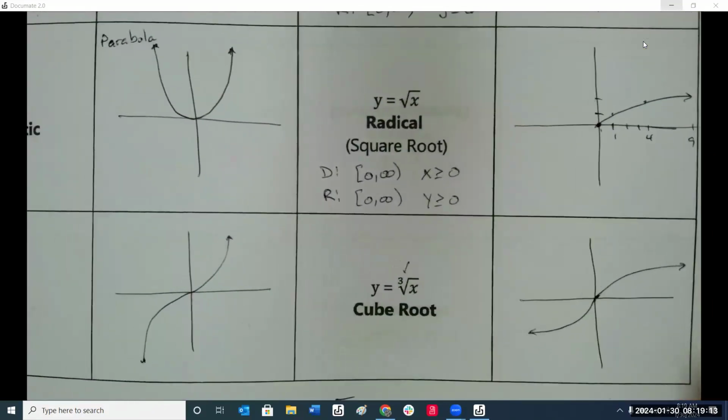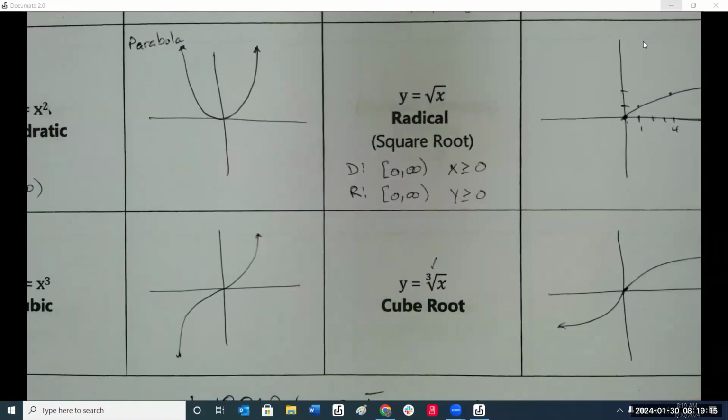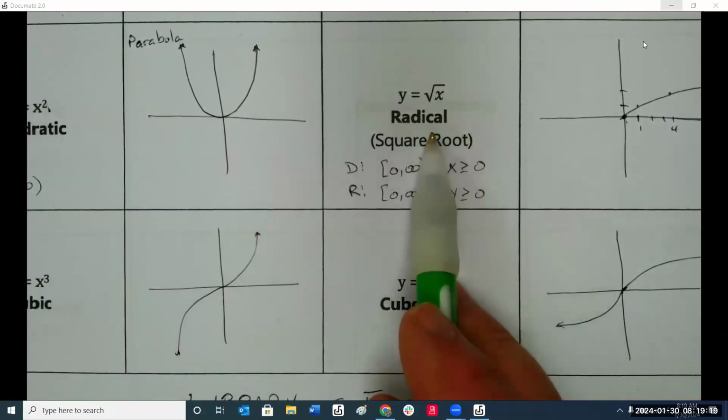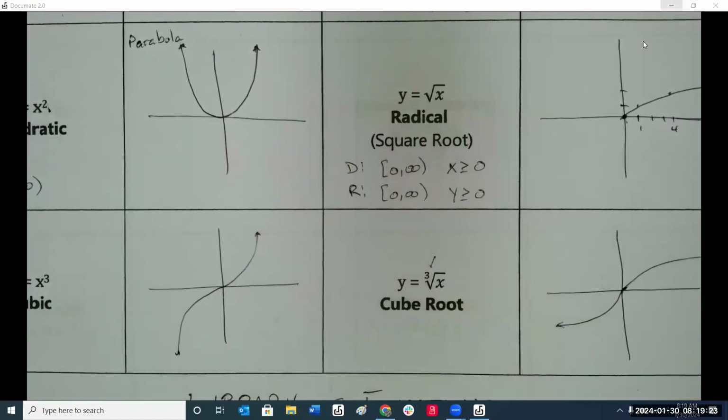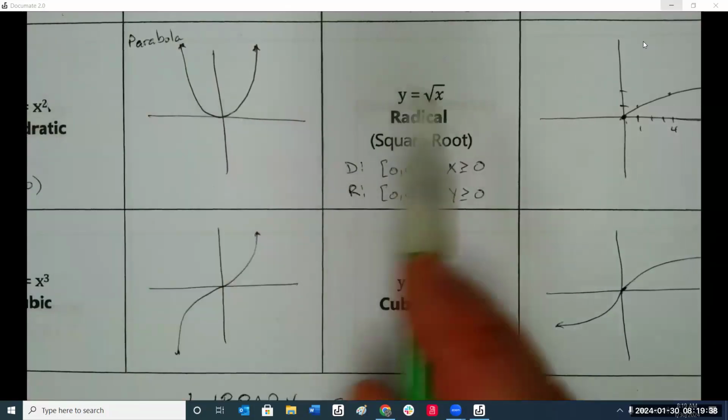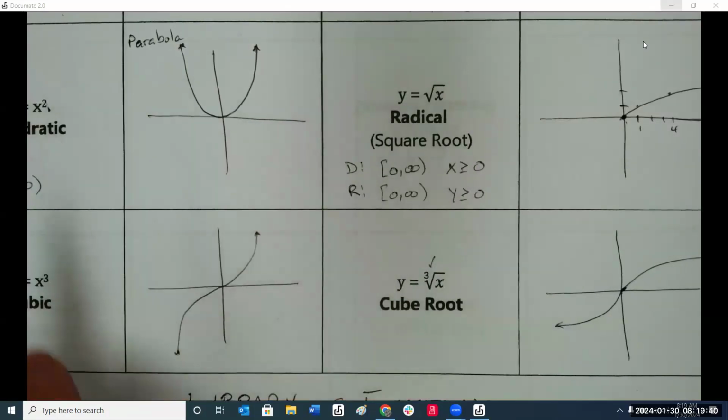I paired up these last four for a reason. How are quadratics and square roots related? Not half. I know what you're trying to say, but it's not half. It's the inverse. In other words, squares get rid of radicals, radicals get rid of squares.